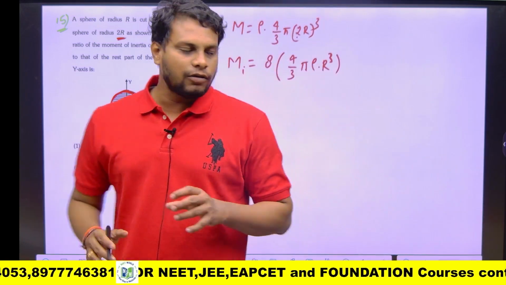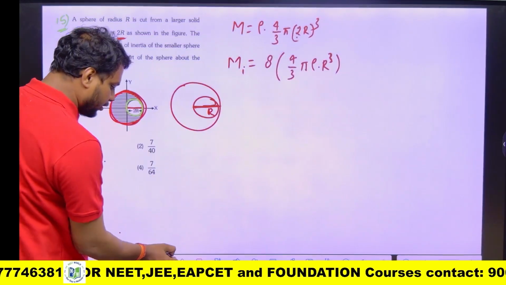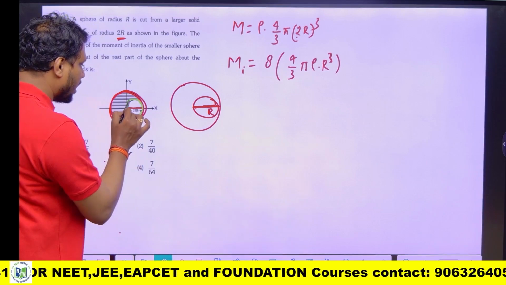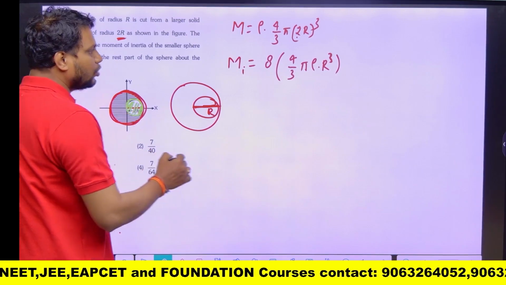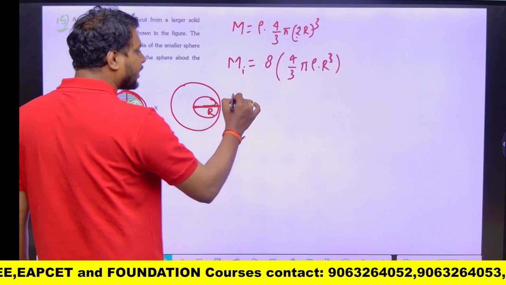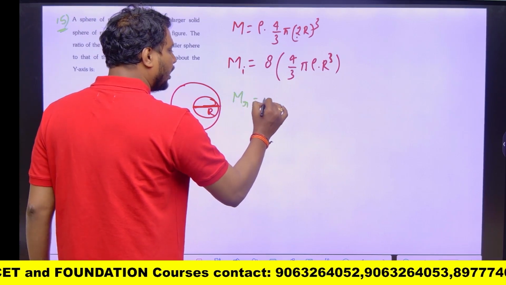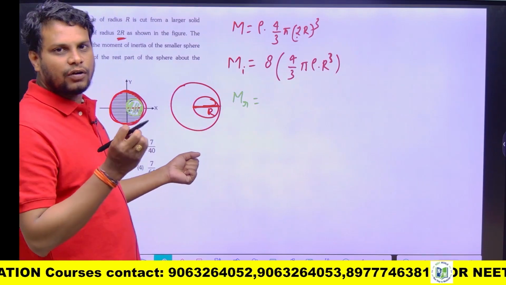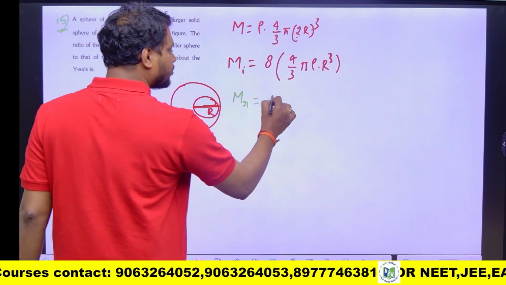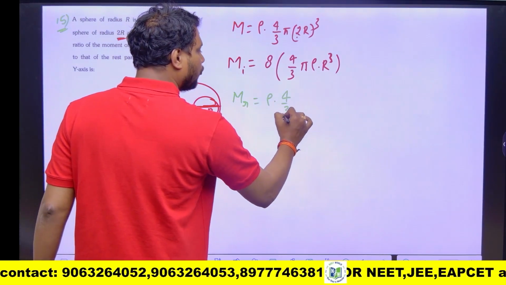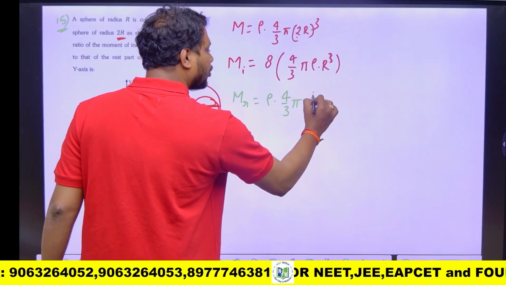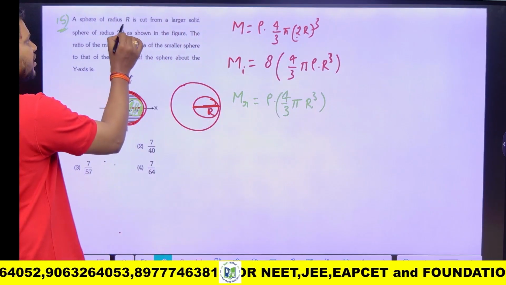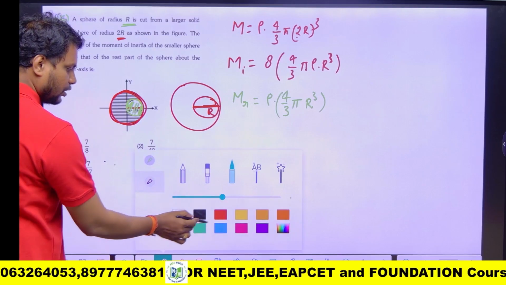Now I will calculate the mass of the removed part. I will take it as m r. The mass of the removed part is equal to, we removed this mass from the same sphere only, so the density value doesn't change. It is rho into 4 by 3 pi r cube, because the removed mass radius is r.